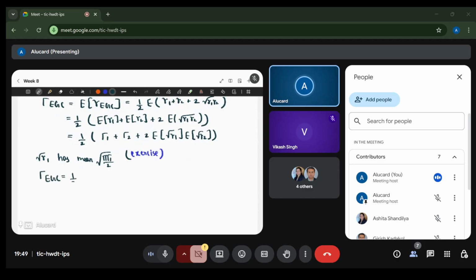Now this will become half into 10 power 0.5 plus 10 power 1 plus 2 times 5 over 4 into square root of 10 power 0.5 into 10 power 1.